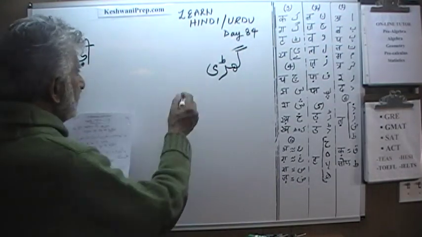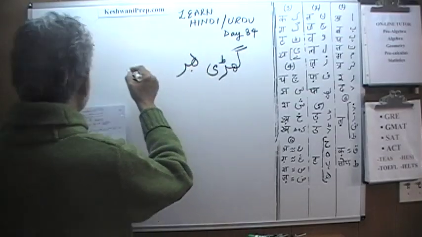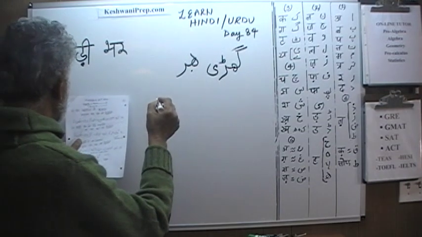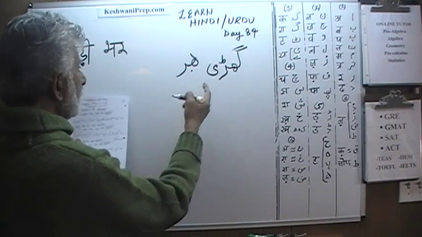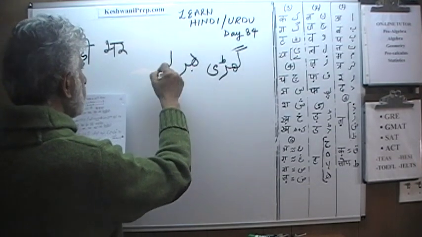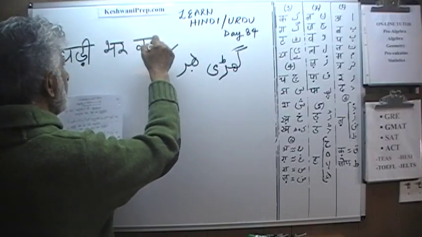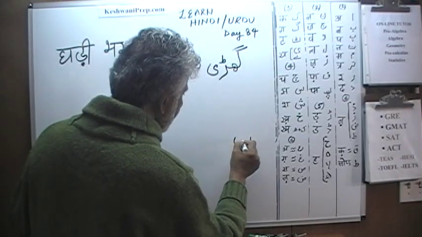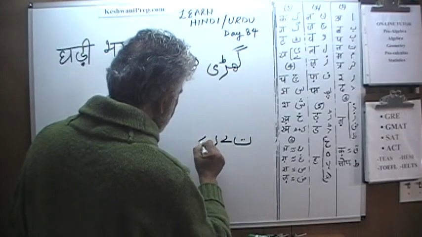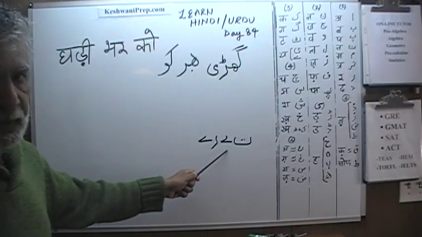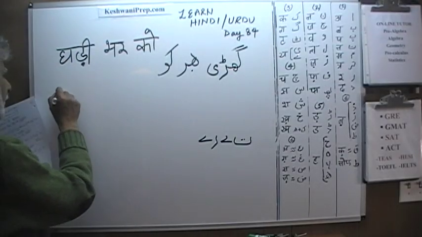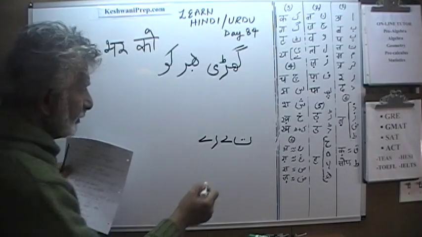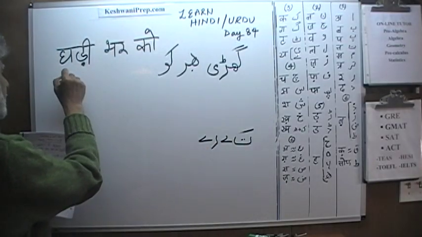Ghadi bhar, bh and r, bhar. Ghadi bhar ko. Tere, te, then the badi ye, re with a badi ye. Badi ye gives us choti ek ki matra. Te, you see choti ek ki matra. Had it been badi ek ki matra, we would have put a zabar on it, and that would have become the badi ek ki matra.